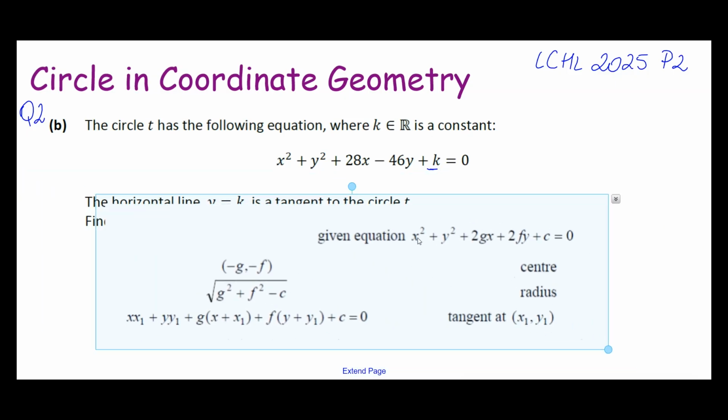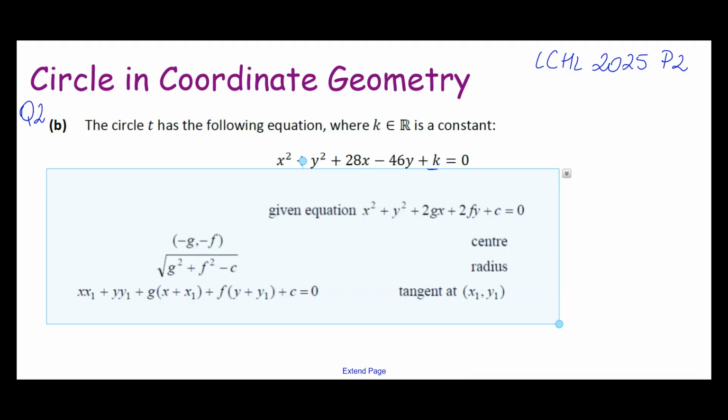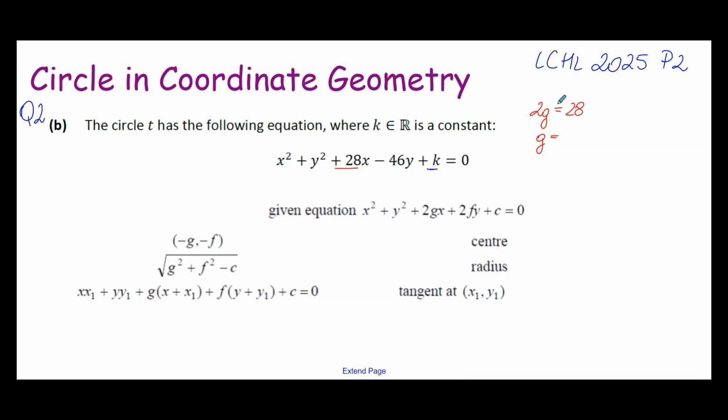So the number that stands beside x will be 2g. I understand 2g will be 28. If I want to find the value of g, I divide 28 by 2 and I get 14. And then 2f is the number that stands beside y, and in our case it is minus 46.